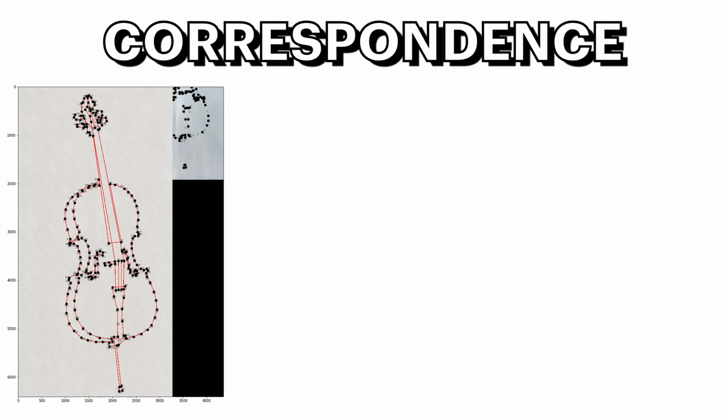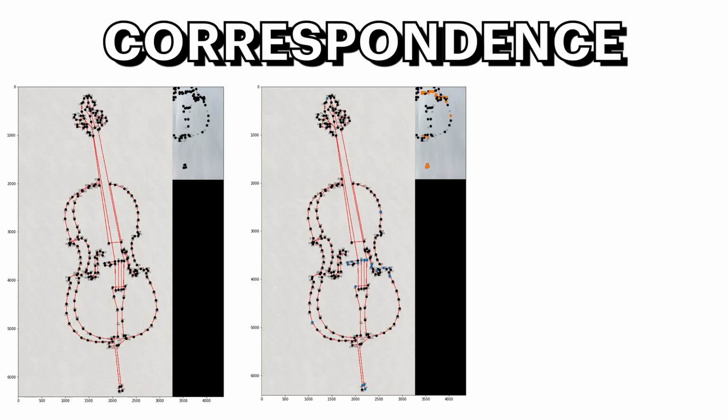And then what we want to do is feature matching, so we want to identify which points are the same between the two images. So that's what we've done here, either labeling them in blue in the main image or orange in the low resolution image.